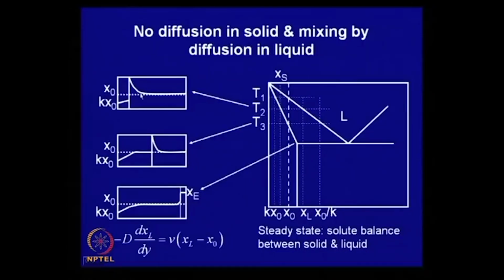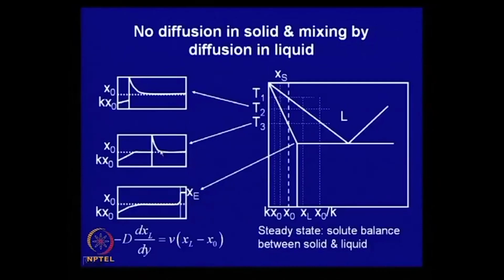But at the interface, the build-up is still there, and this is the build-up. This is the concentration profile in the liquid, and it proceeds further, and towards the end of the solidification there will be some amount of eutectic, and again there will be some transient, we assume.